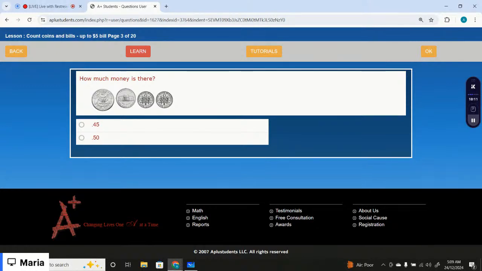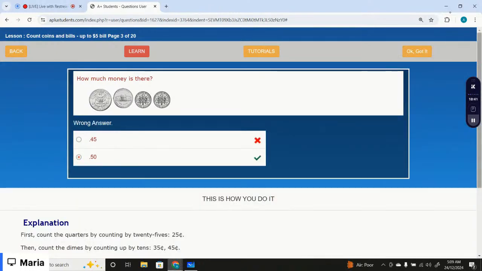How much money is there? Option number one is the wrong option.